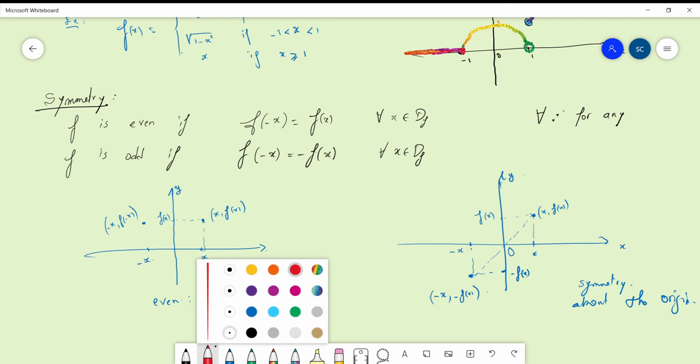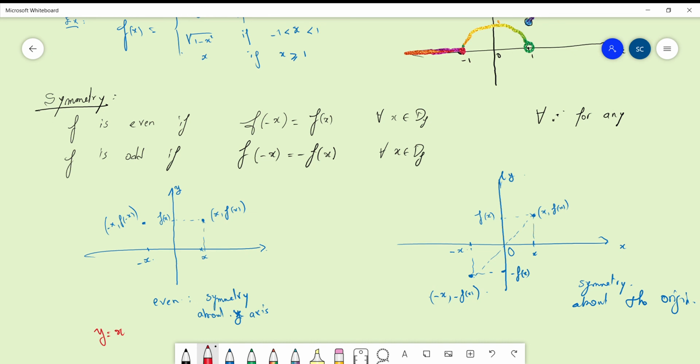Here is an example of an even function: y equals x squared is an even function, okay? An example of an odd function is y equals x cubed, okay? So for example, suppose that I could graph part of the parabola, I can deduce the other part just by symmetry, by flipping it with respect to the y-axis, and get the whole graph.